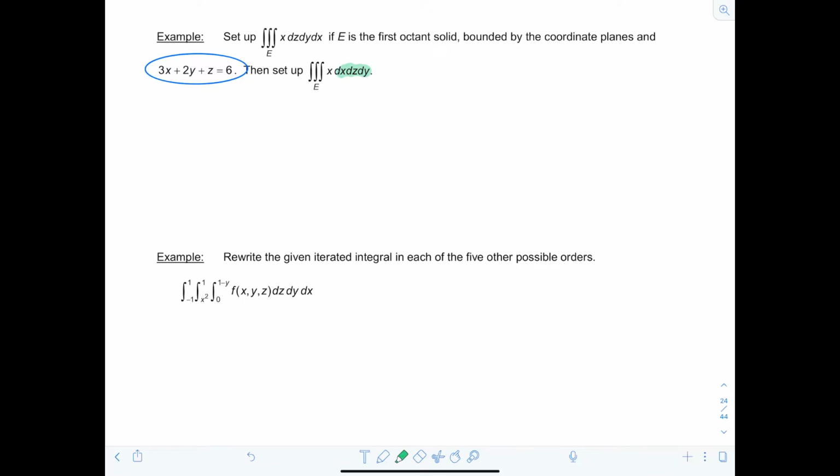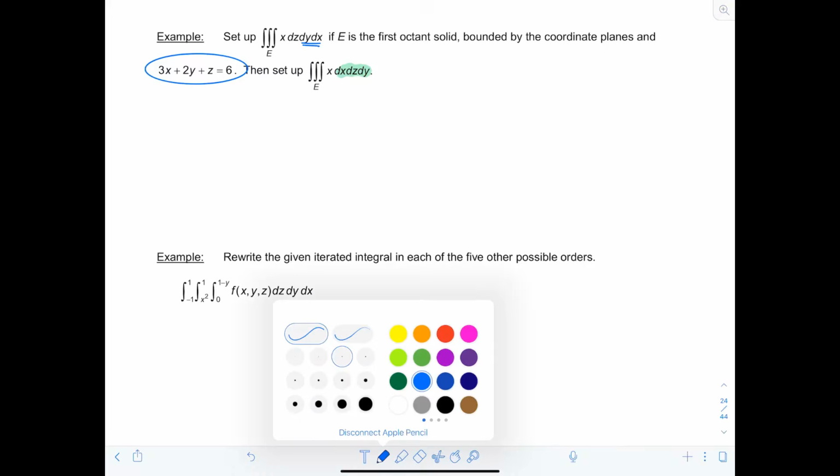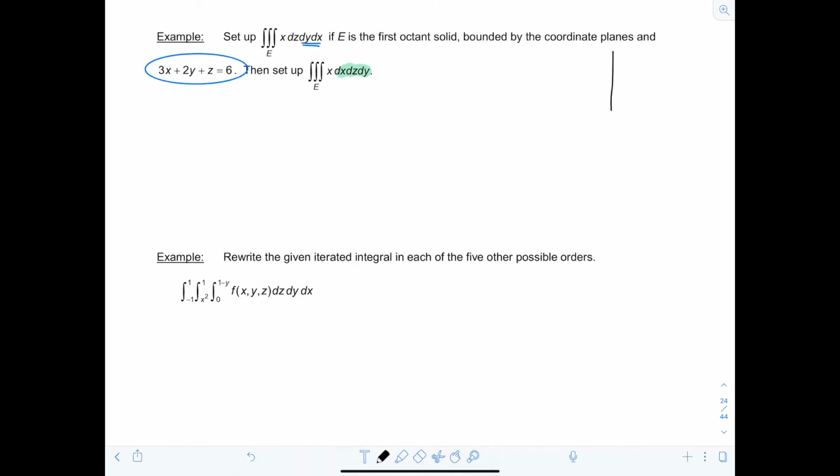So let's first draw this solid, and the way the order is given to me in the problem, I'm going to use the xy plane as the base region because those are the outer two variables that I'm going to integrate with respect to. So I'm just going to draw this in the first octant. They told me it's a first octant solid.